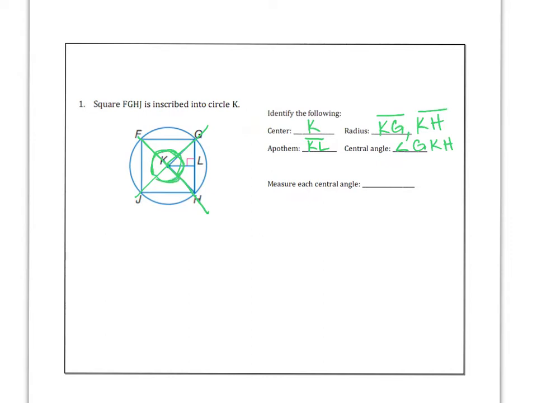If we added up all of those angles, they would add up to 360 degrees. In this case, our polygon has 4 sides or 4 central angles. So if we take 360 and divide by 4, we get 90. So the measure of each central angle would be 90 degrees. So these angles in here would actually be 90 degrees. And you can see, oh yeah, they do look like 90 degrees.